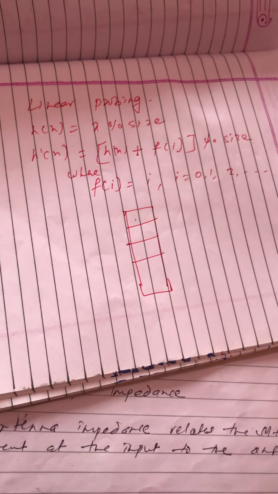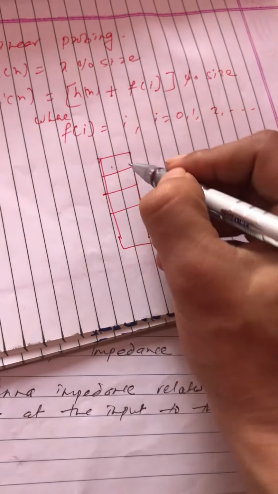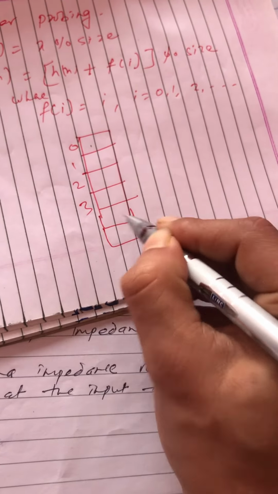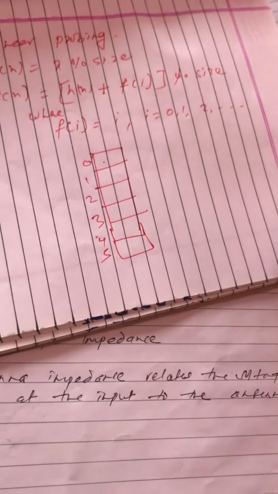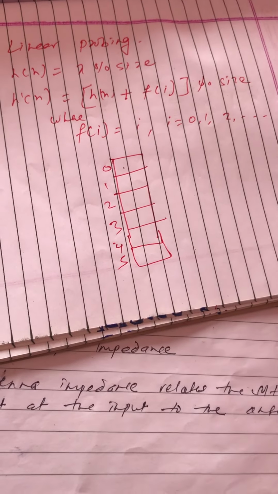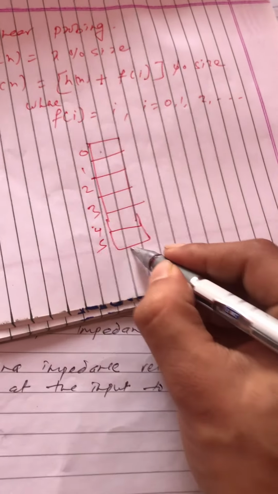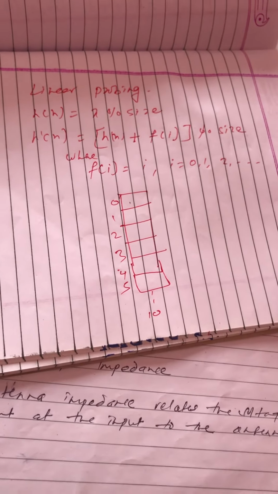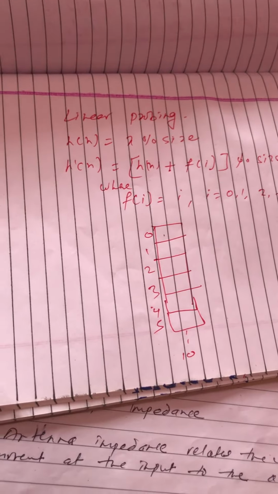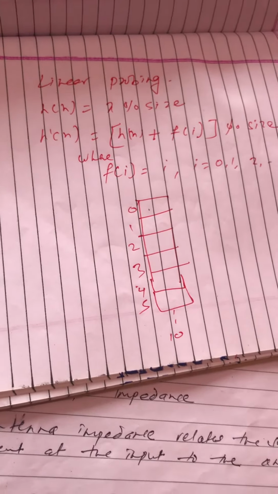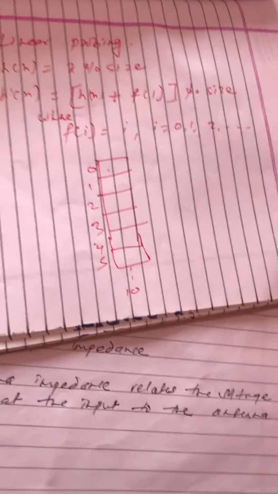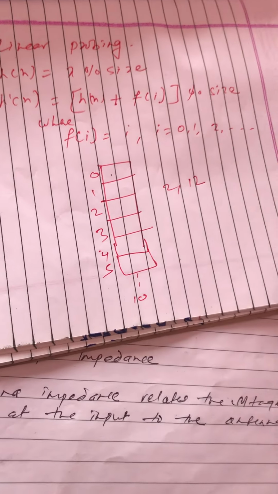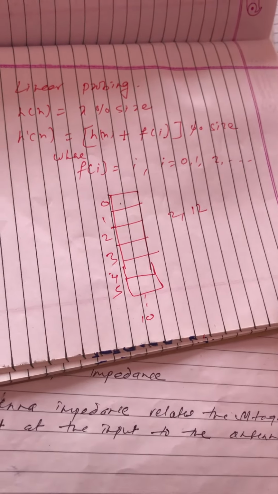Now we can store like this. Let us suppose indexes 0, 1, 2, 3, 4, 5. If we take size 10, then it will be easy to calculate hx. Now let us take 2 and 12, then there will be a collision in index 2.